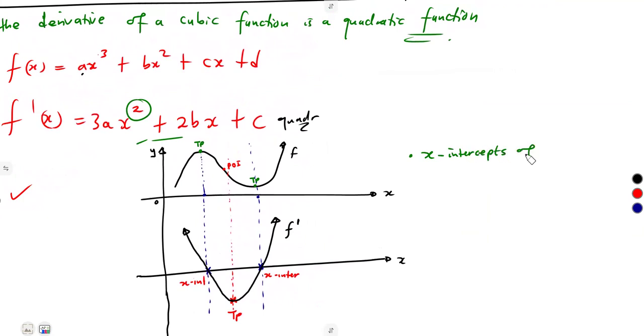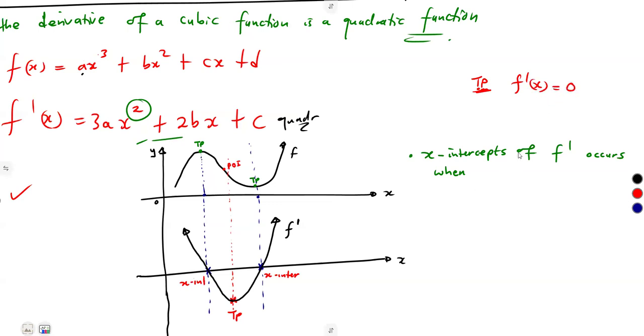The x-intercepts of the first derivative graph function here occur when we have the turning point there on f. And what is the condition of the turning point? What is the condition of the turning point for any graph? The first derivative is equal to 0.